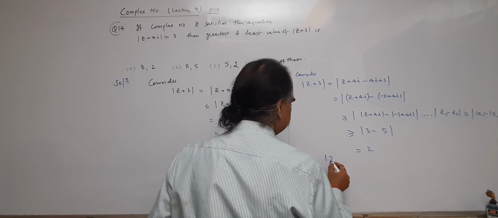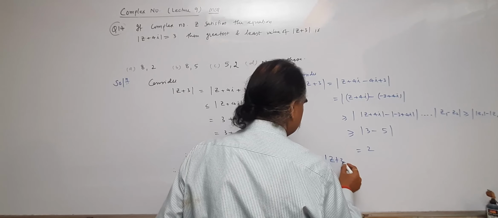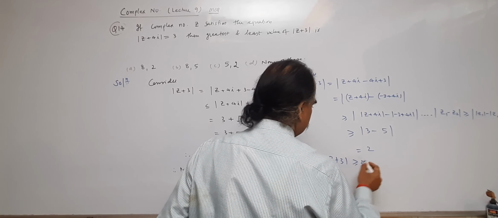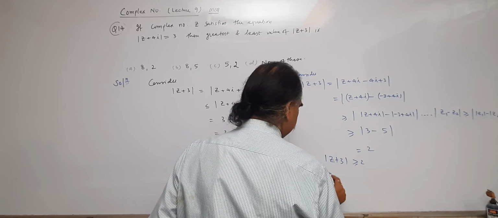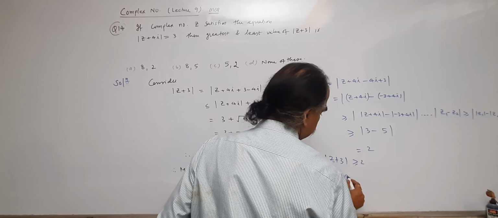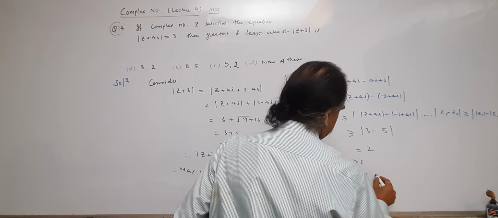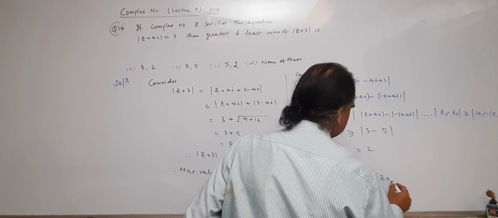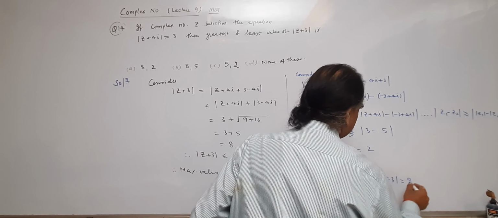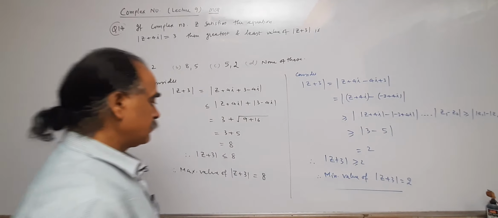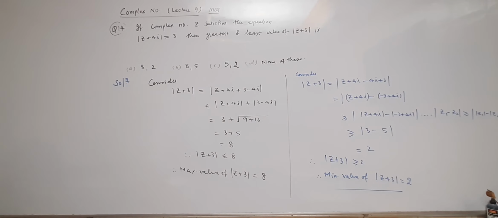Therefore, the minimum value of mod z plus 3 is 2. Maximum value is 8, minimum value is 2.